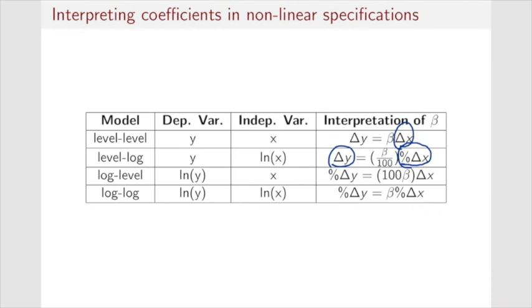The opposite one is the log-level model. In this case, a unit change of x is associated with this amount of percentage change of y. And for the log-log model, both sides are percentage changes.